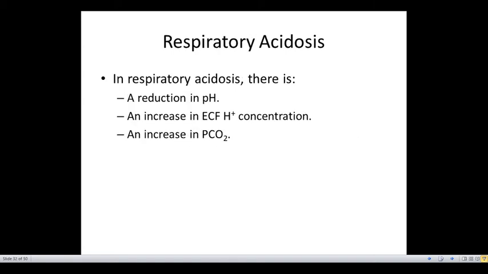In respiratory acidosis, there is a reduction in pH, an increase in ECF hydrogen ion concentration, and an increase in partial pressure of carbon dioxide.